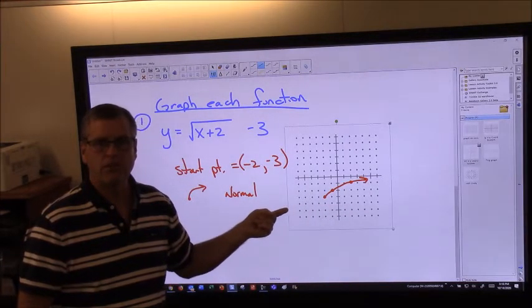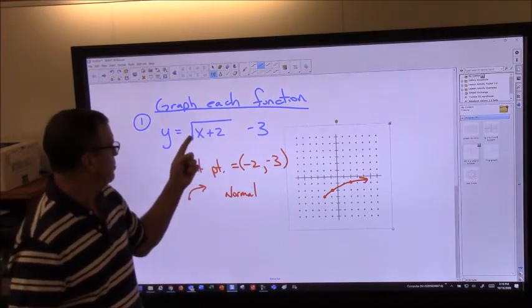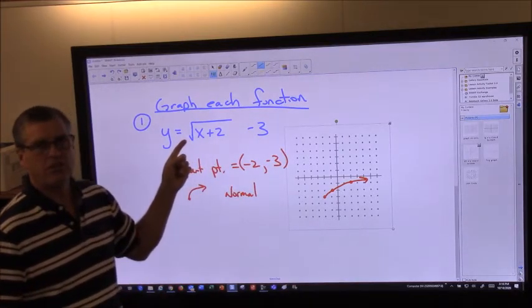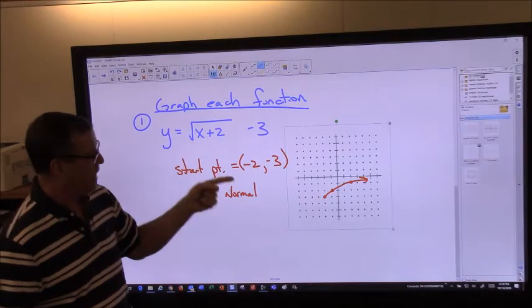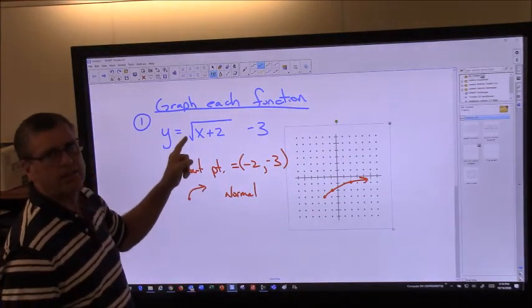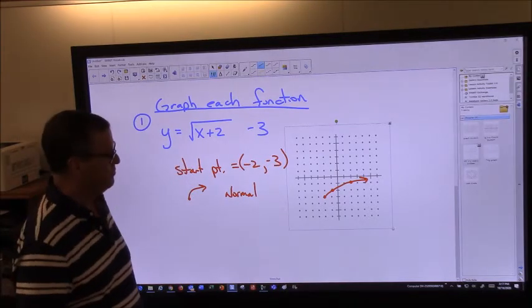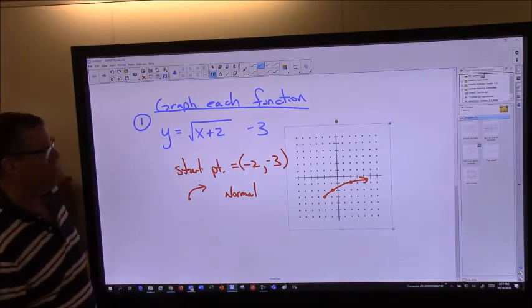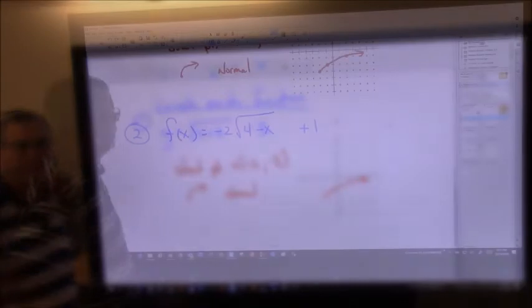How do I keep that straight? Well, just look right here. This is telling you what to do. However far you go over, you do the square root of that, and that's how far you go up. Okay, there it is. I'm done. That was easy. Let's try another one.